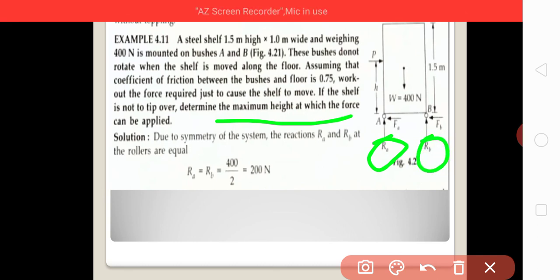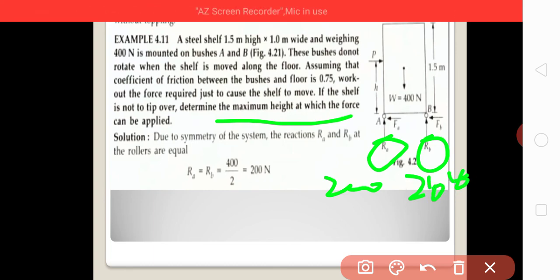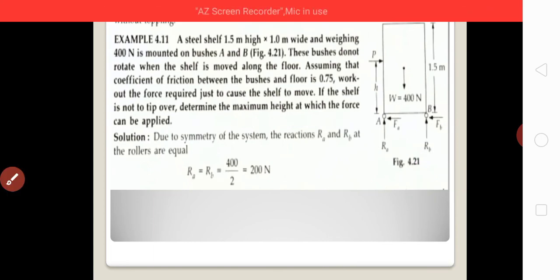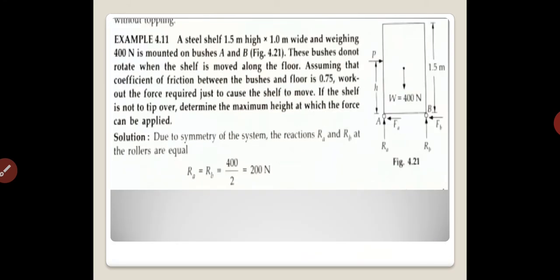So, 200 Newton here and 200 Newton here. Let P be the push that needs to be applied to the shelf to just set it into motion towards the right, that is this way.